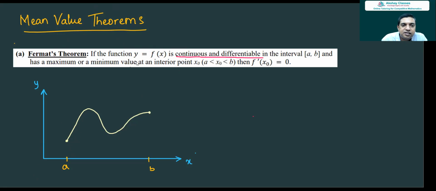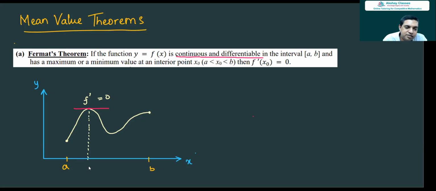Now, what it says is, if the function has a maximum or minimum value at some interior point x0, so here we see in this vicinity, this is the maximum value. At this maximum value, you look at the slope. The derivative will be 0.